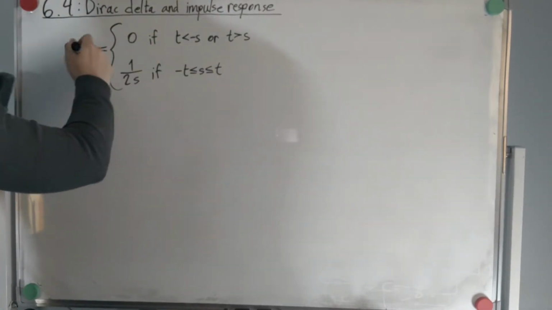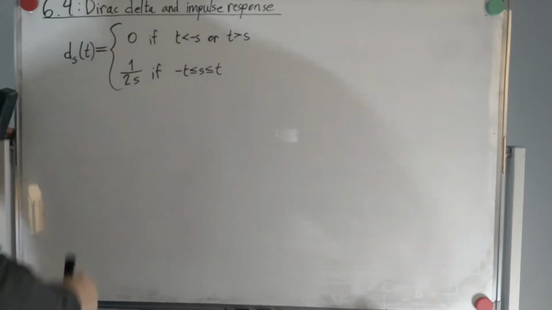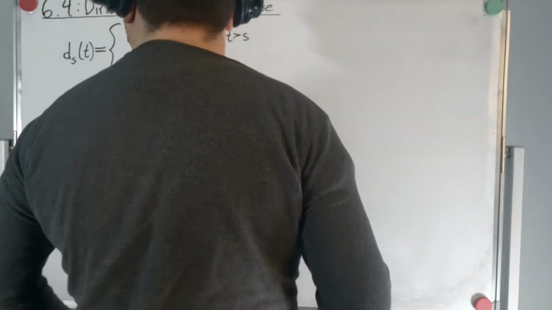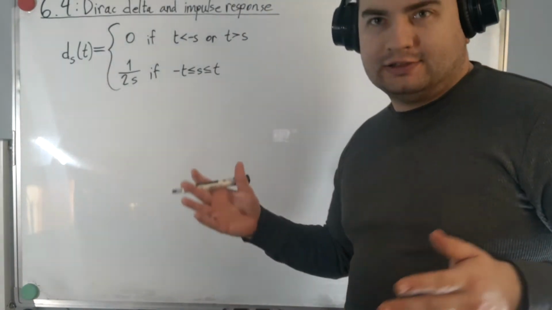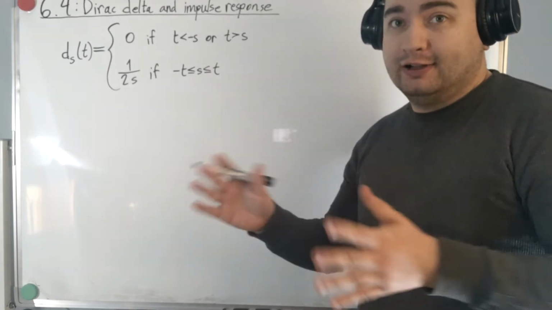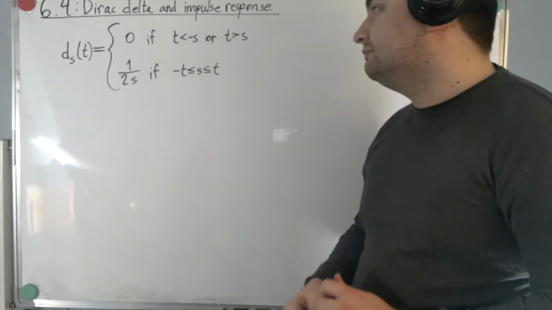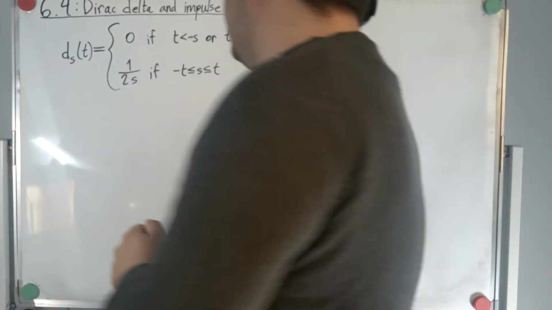So this is d_s of t. And s is not related to t. s is just a constant. Okay? So this is a perfectly valid function that you can think about, right?